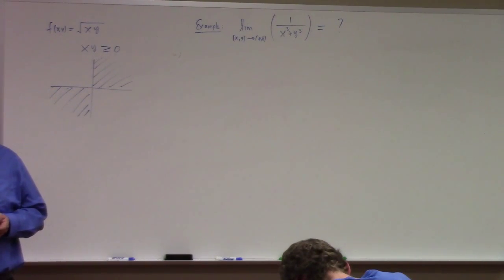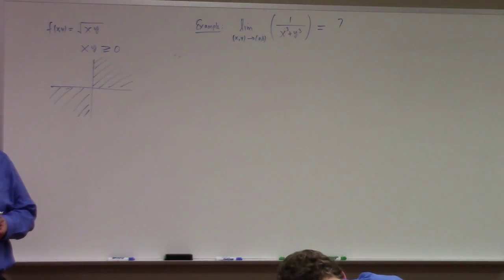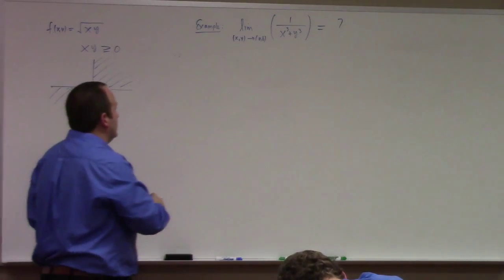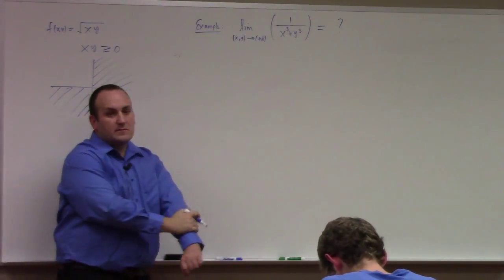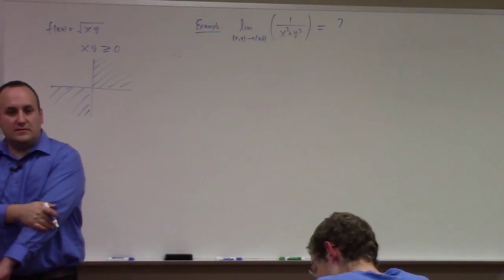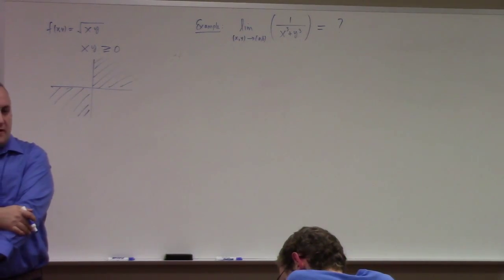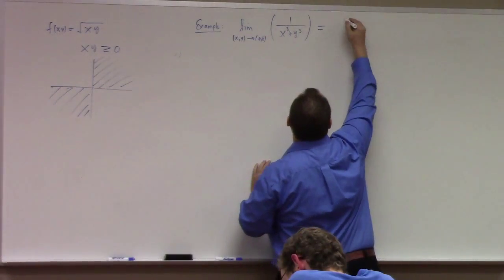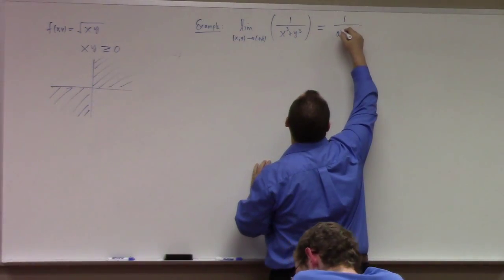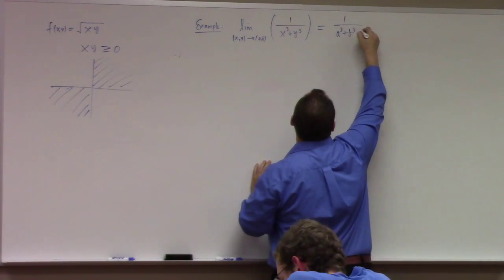Sorry for doing one so much like your homework. I really should come up with one which is more different. But this is the heart of the matter. So really the question is, when can x cubed plus y cubed be 0, right? If x cubed plus y cubed is not 0, we're fine, right? So I would just say that this is equal to 1 over a cubed plus b cubed, provided what?